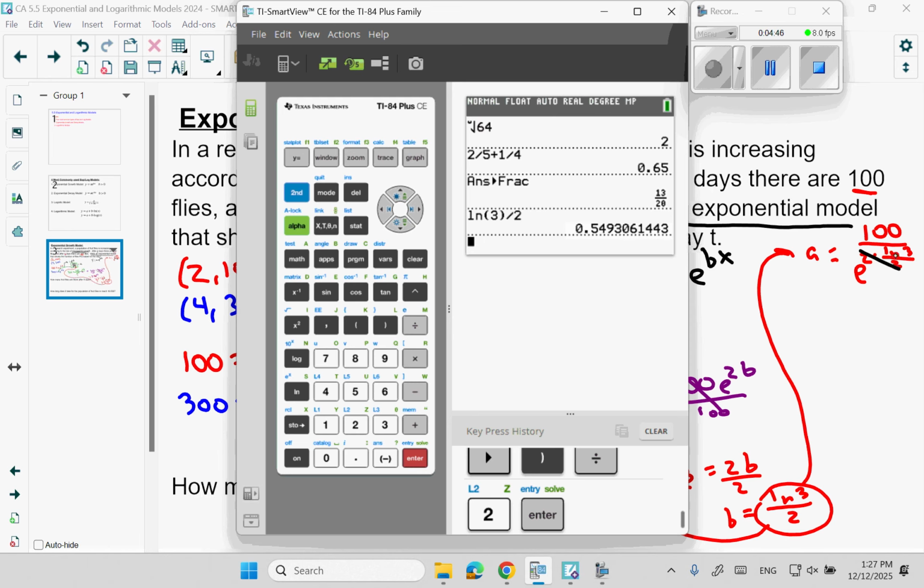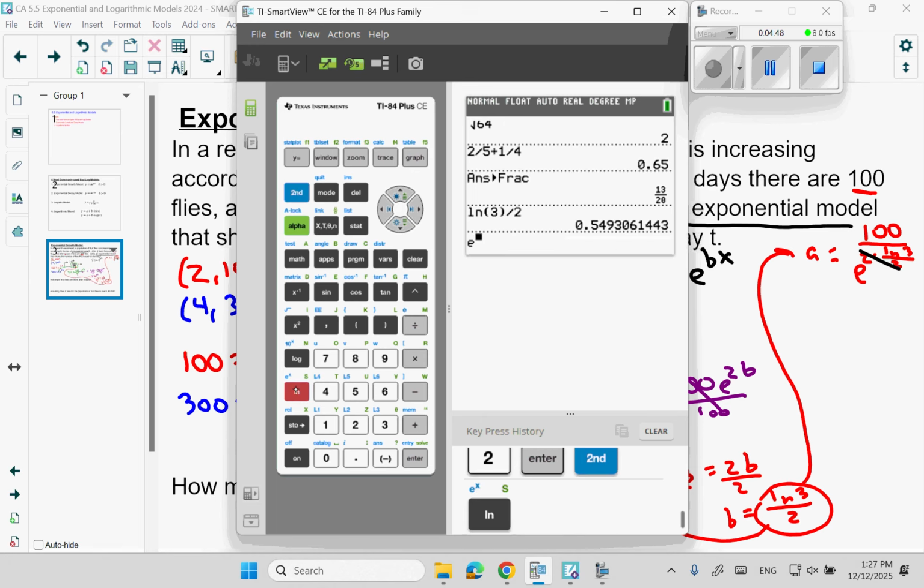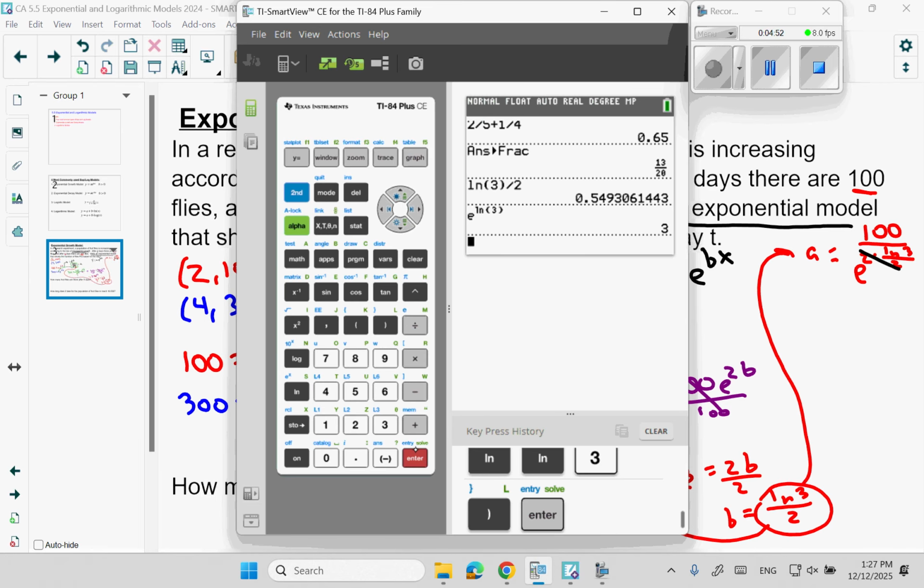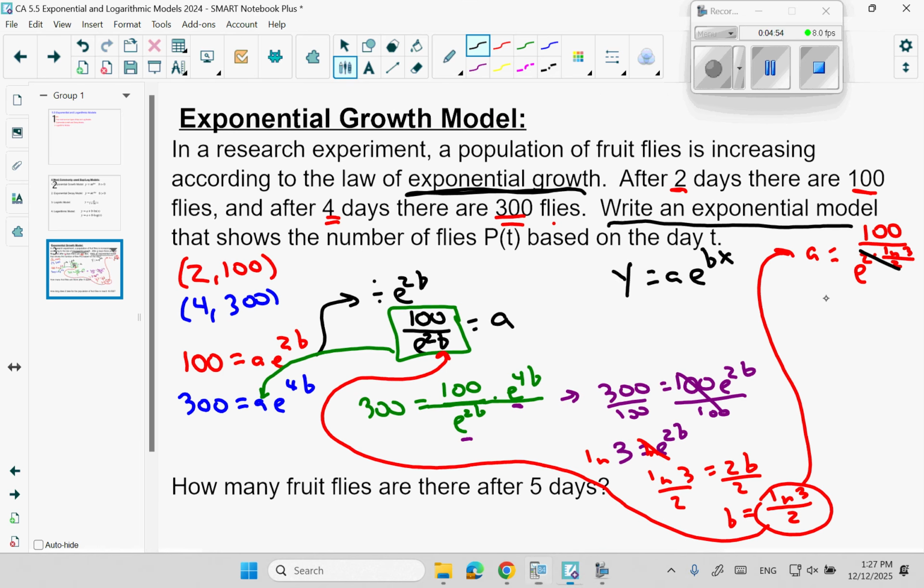Well, funnily enough, e and natural log undo each other, so e to the natural log of 3 just gives me 3. So this means a has to equal 100 over 3. So now that I have a and b, my answer is going to be y equals 100 over 3 times e to the natural log of 3 over 2 times x.